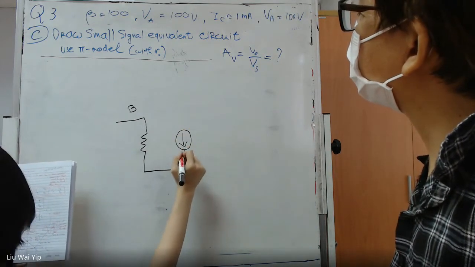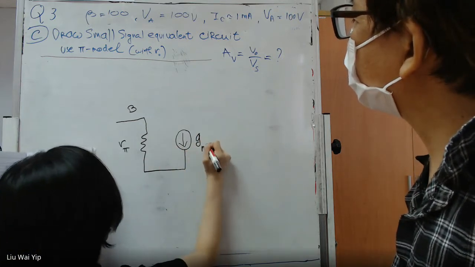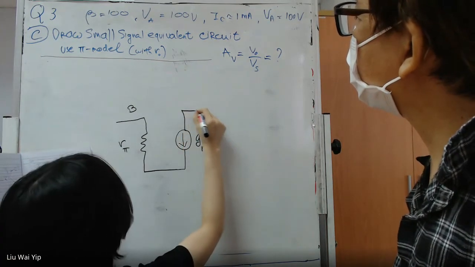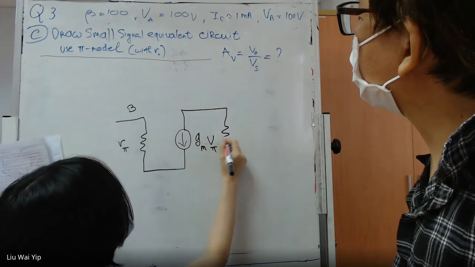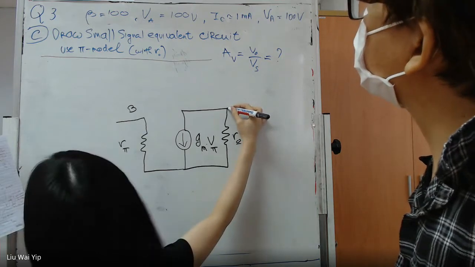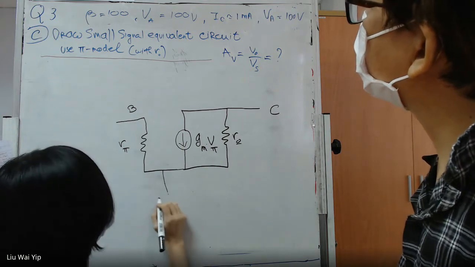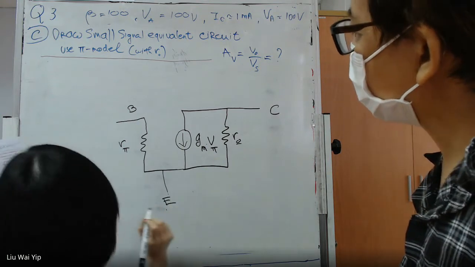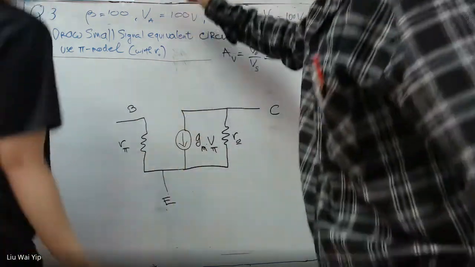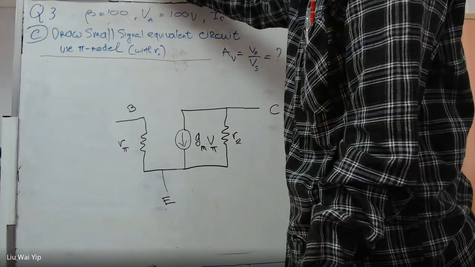Okay, done. Now, the next step. If you look at the reciprocation, our first step is to short circuit the capacitor.